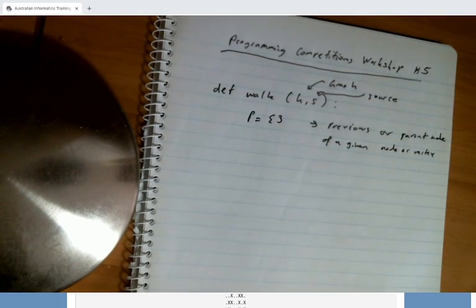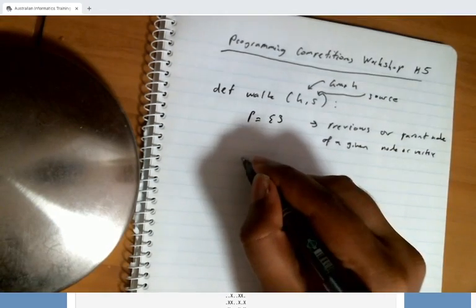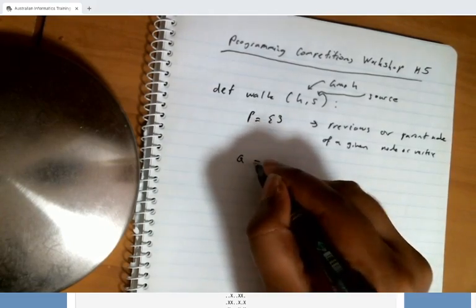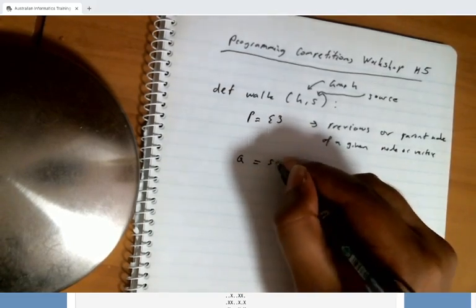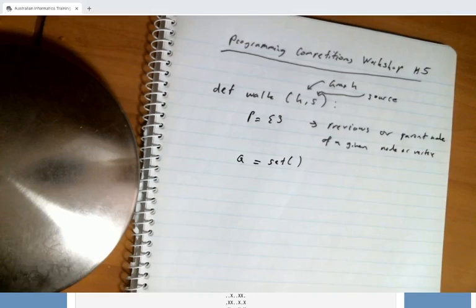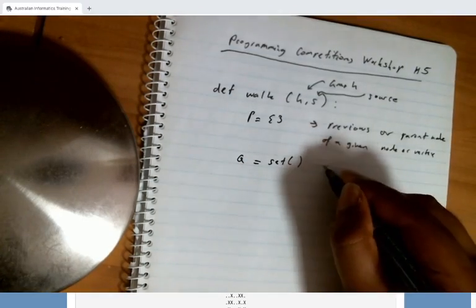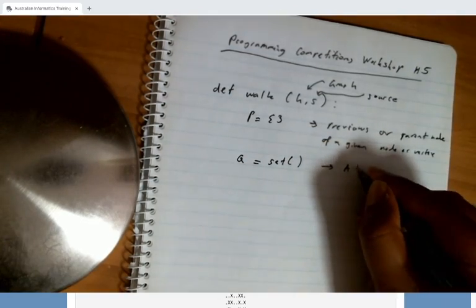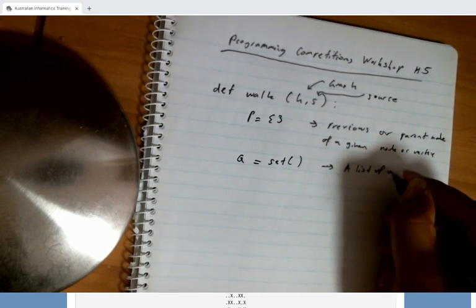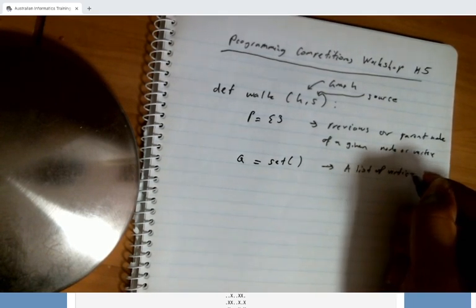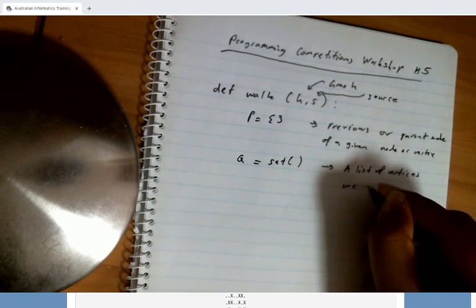And we also have another data structure called Q, which in our case is a set. It could also be a double-ended queue, as we saw in breadth first search last week, or it could just be an ordinary list. So Q is a list of vertices we intend to visit.